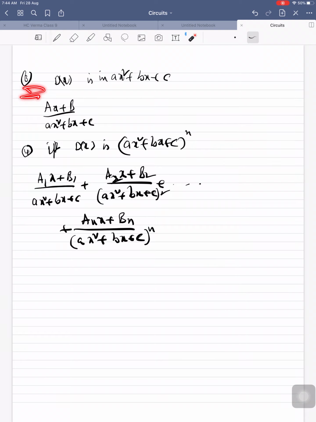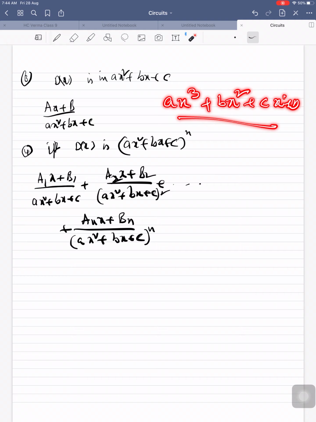In the third case, if the denominator is in the form ax square plus bx plus c, the numerator is ax plus b over ax square plus bx plus c. If it is in the form ax cube plus bx square plus cx plus d, then the numerator will be written as ax square plus bx plus c divided by this.